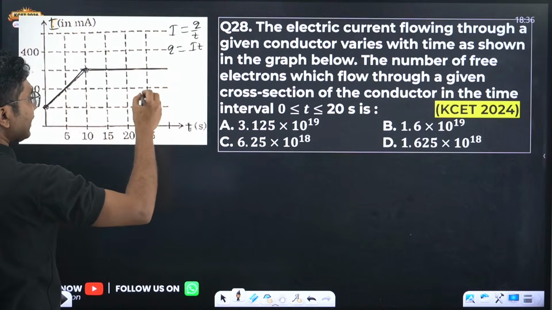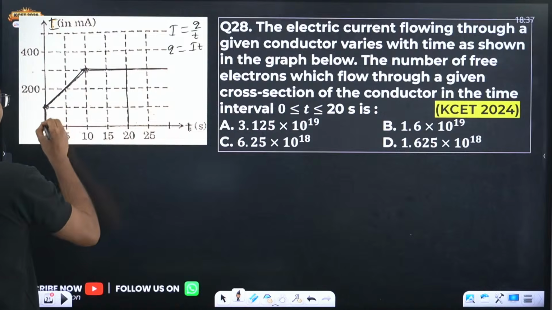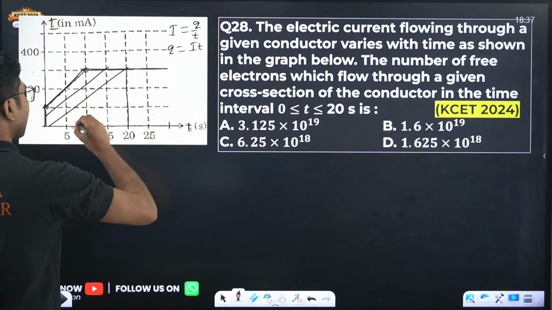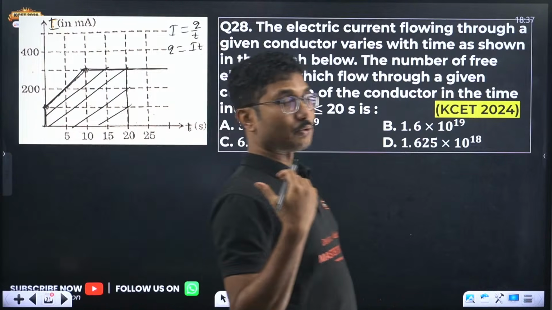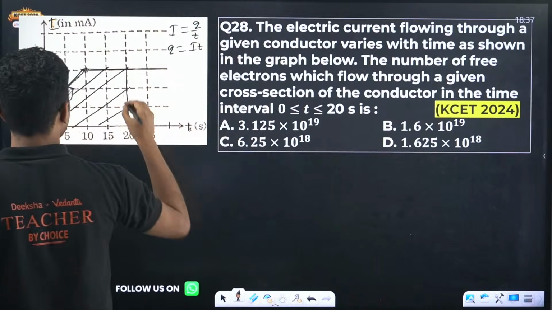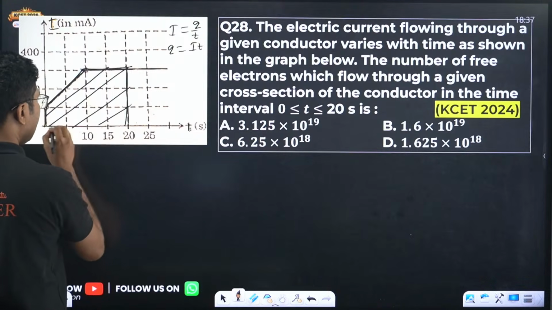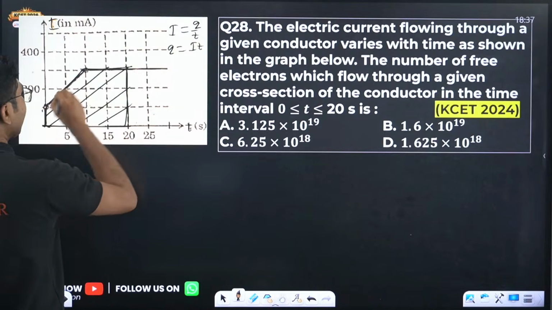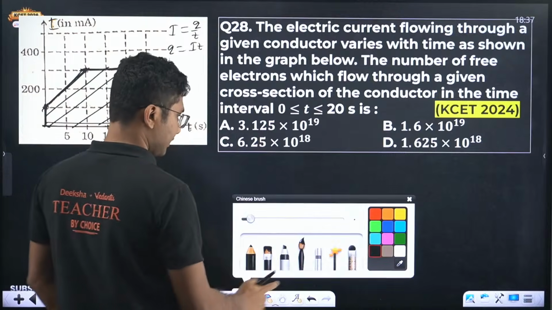So if you calculate the total area under this graph, you will get the total charge. Okay, so they do not ask you the total charge, they ask you the number of charge. So first we have to calculate the total charge, then Q is equal to NE or 6.25 into the charge to calculate the number of charge. First calculate the charge first.